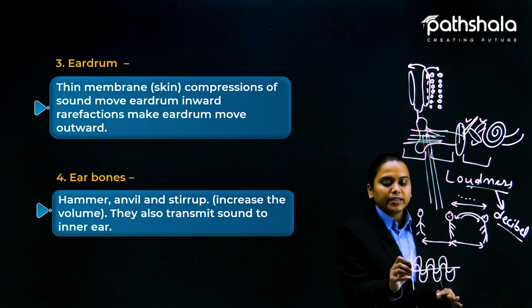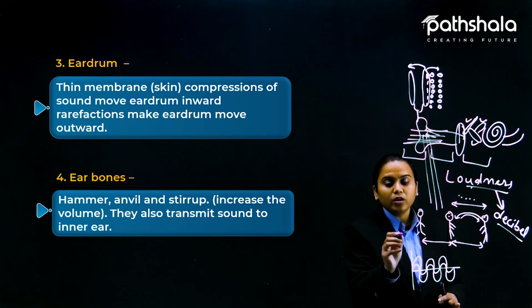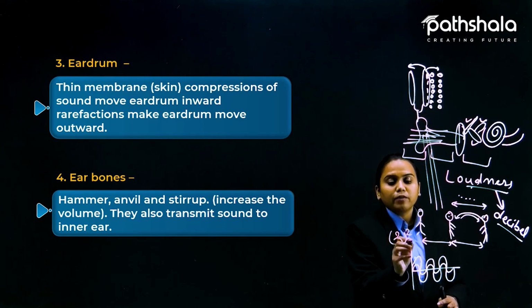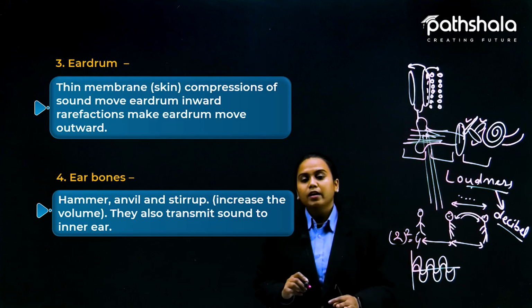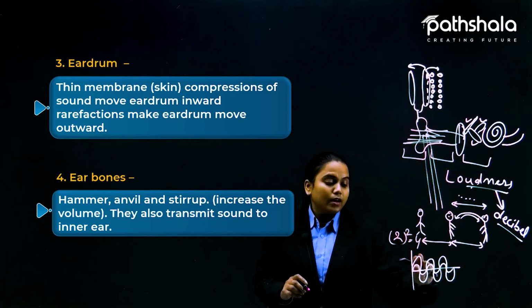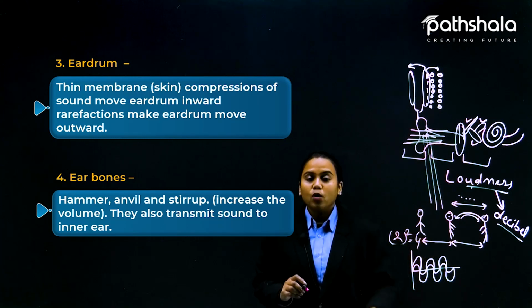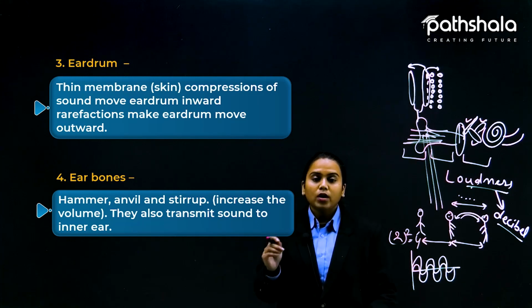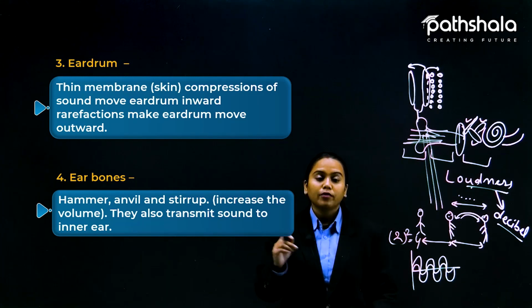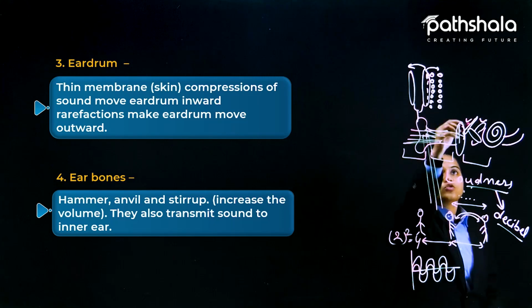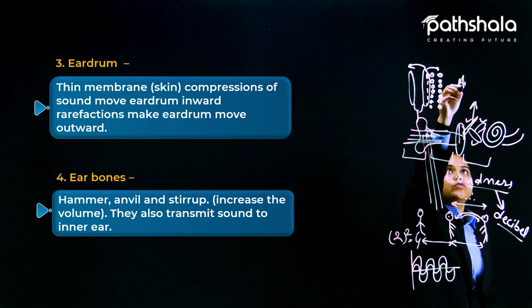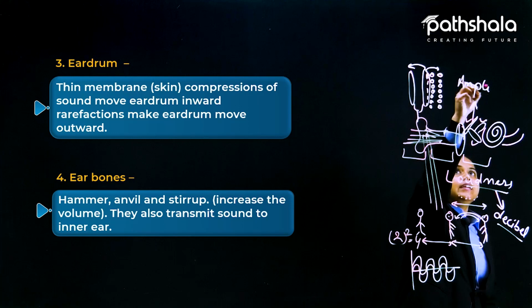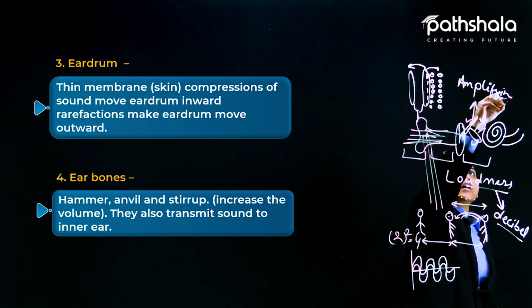If you double the amplitude, then the loudness will become 4 times. So the square of the amplitude is the loudness. This is how loudness could be increased, or we can say amplified. So these three bones are amplifying the sound.